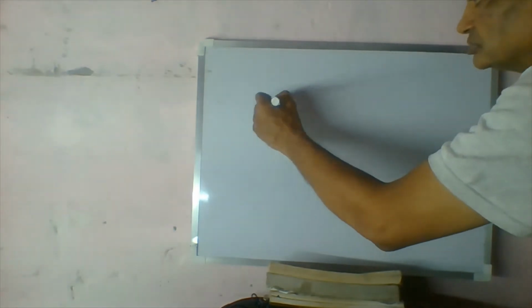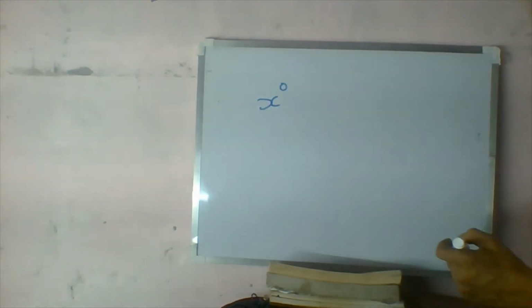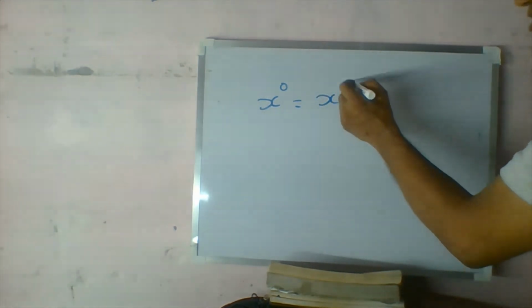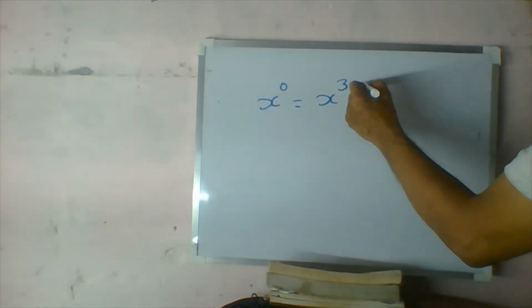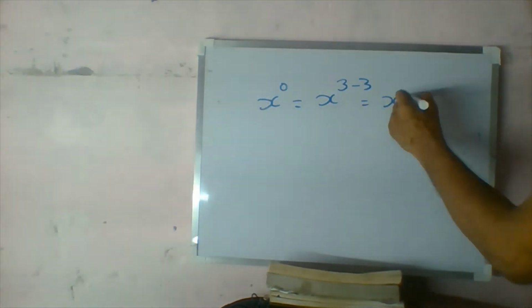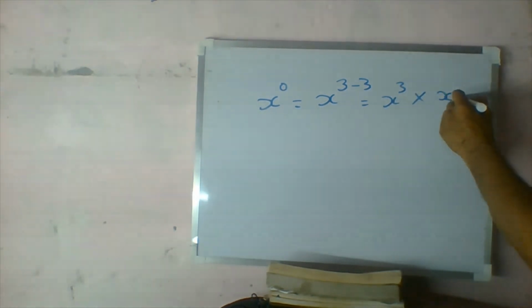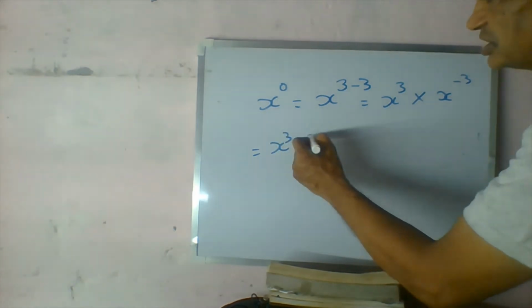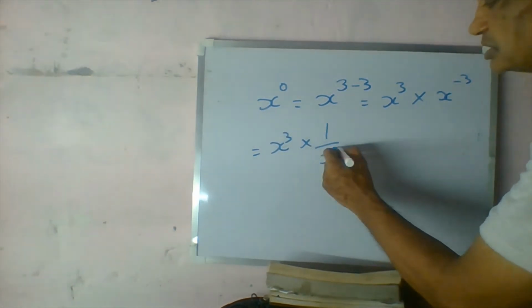Let us try to do it for x raised to power 0. We can do x raised to power, this is again 3 minus 3. That will be x raised to power 3 into x raised to power minus 3. That will be x raised to power 3 into 1 by x raised to power 3.